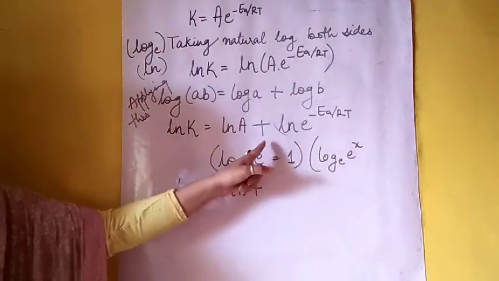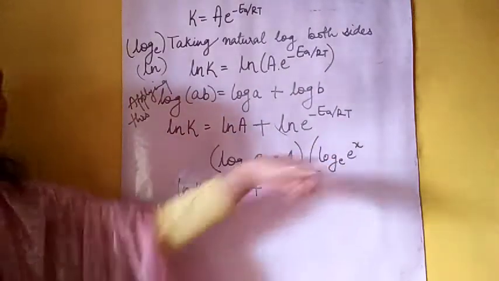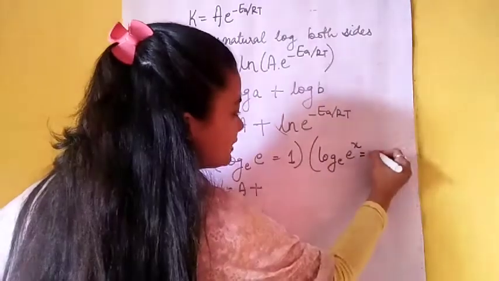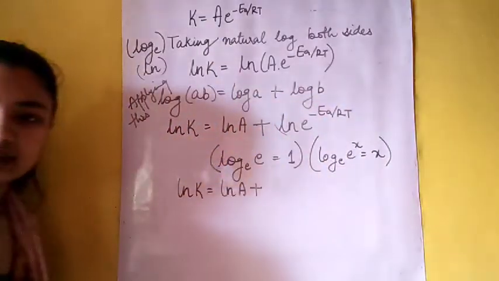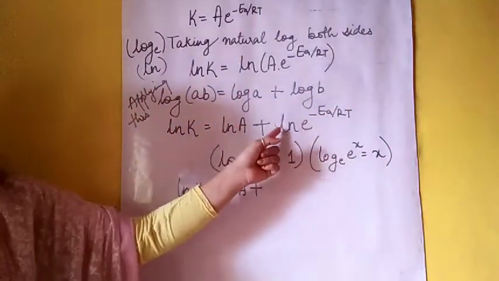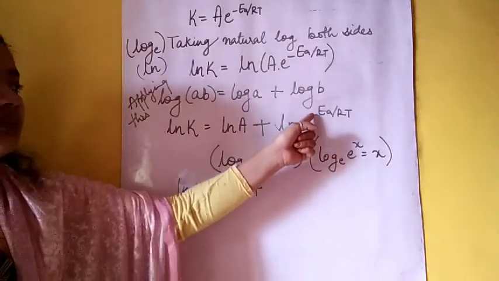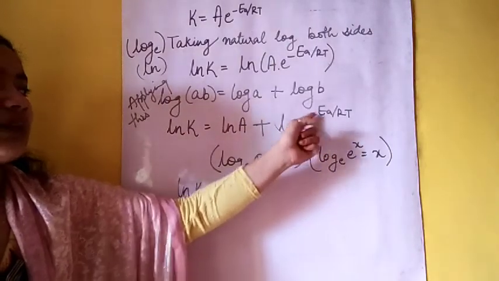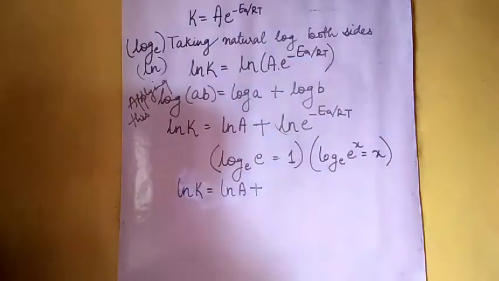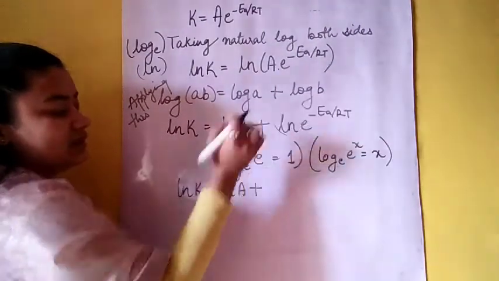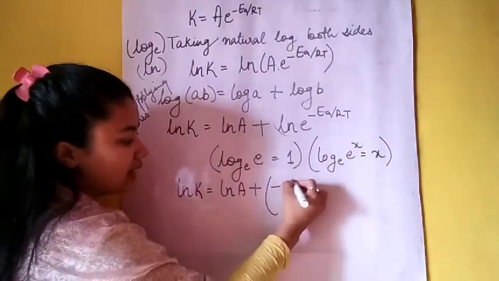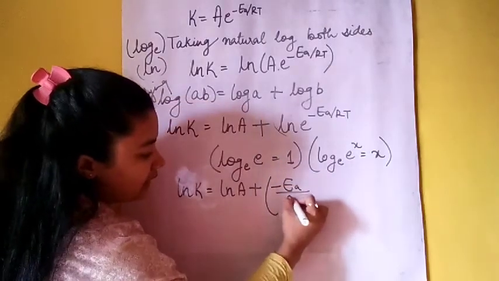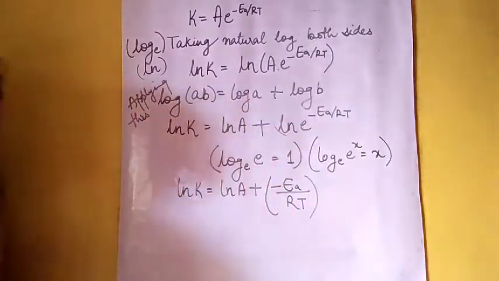What is here? e to the power 1, so it is 1. If it's e to the power x, then it is equal to x, right? Now what is here? That log e of e to this power minus Ea by RT. Now what will it become? The power will shift forward, so it will become minus Ea by RT.